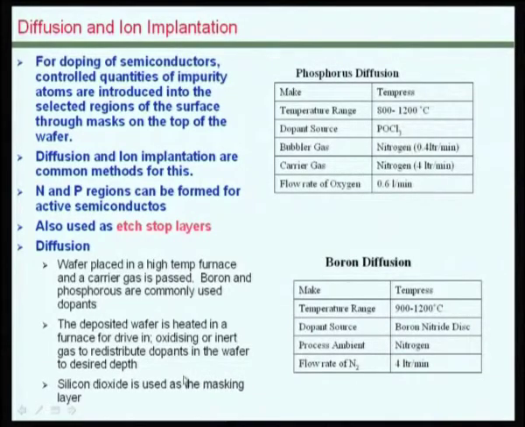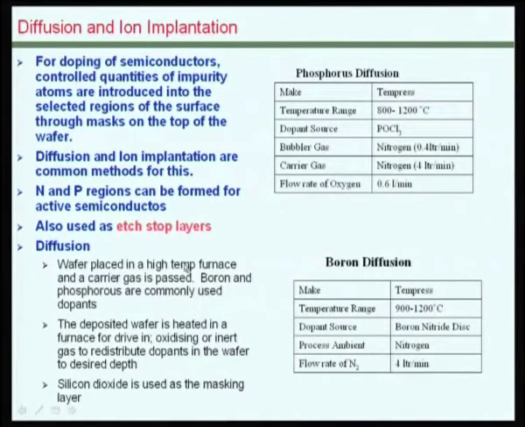So, the silicon dioxide is first patterned by the approach that we have seen so far, and then a region of the wafer is diffused with these compounds at these high temperatures to get the doped regions of the wafer.